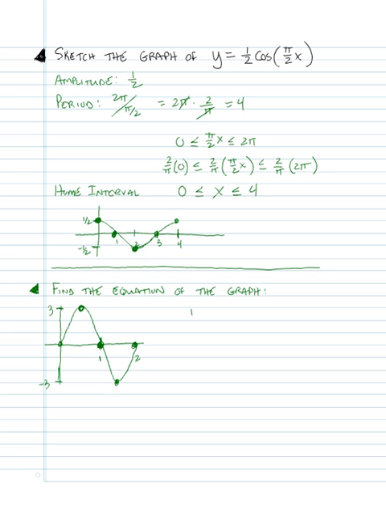Now, probably we should assume the equation is going to be of the form y is equal to a times the sine of omega x, or y is equal to a times the cosine of omega x, or bx, as I've called it before. So we have to decide which of those is most likely, and because we start at an intercept, it looks like this is the model we're looking for.